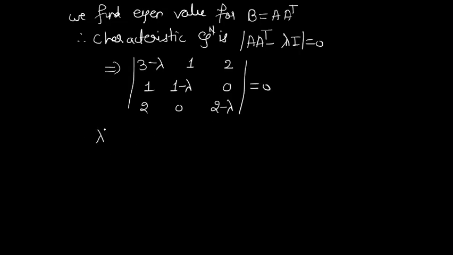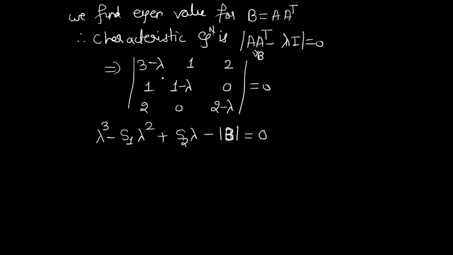Now we'll solve this characteristic equation. So we have the method. Since it is a 3 by 3 matrix, we will write lambda cube minus S1 lambda square plus S2 lambda minus determinant of A equal to 0. Here my matrix is not A, it's matrix B. Now simplifying this, what is S1?